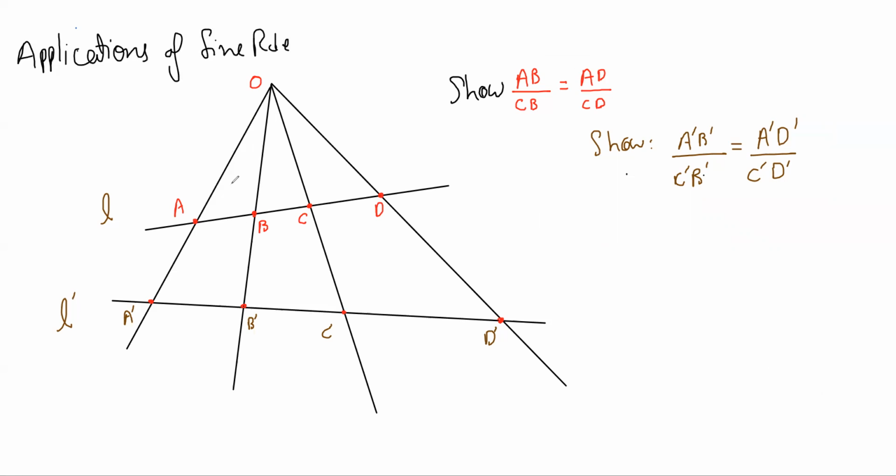That this ratio on the points A, B, C, D has something to do with the angles here. Do you agree? That is why you can take it anywhere with any other line L prime. So we take it to the angles.